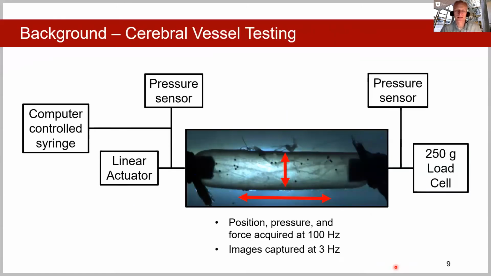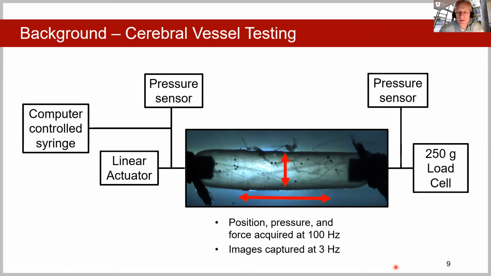Now, in order for us to answer many of these questions, we actually do a lot of experiments on cerebral blood vessels that have been dissected from a body. Okay, whether those come from humans or from animals, whatever it may be, we isolate them from the body, and then, as you can see in this image here, we tie the vessel to needles at each end.